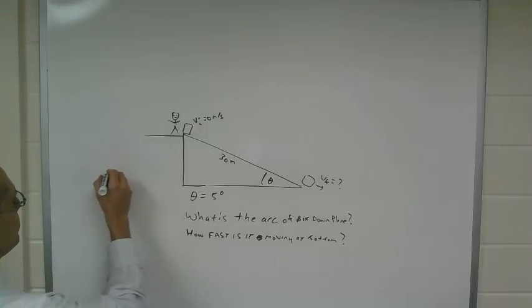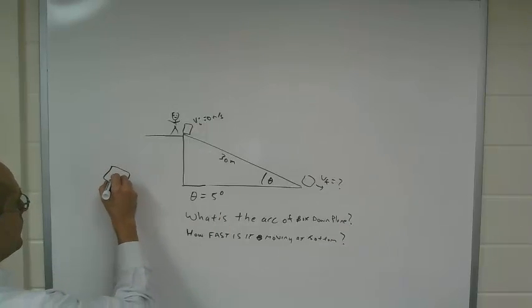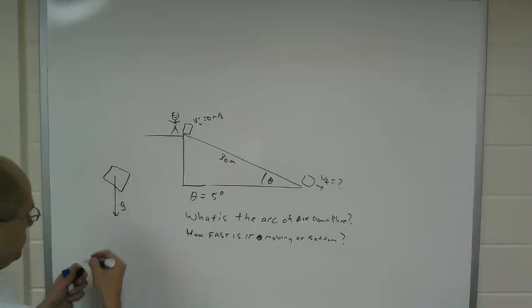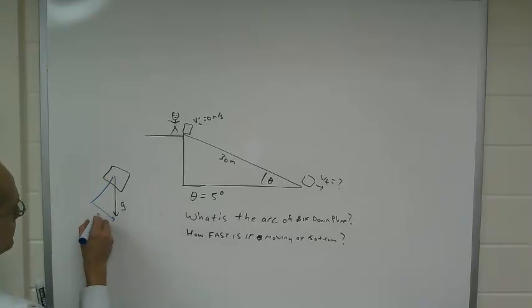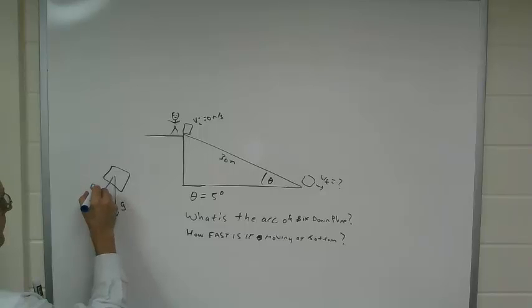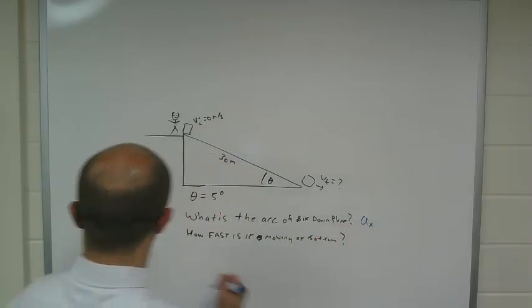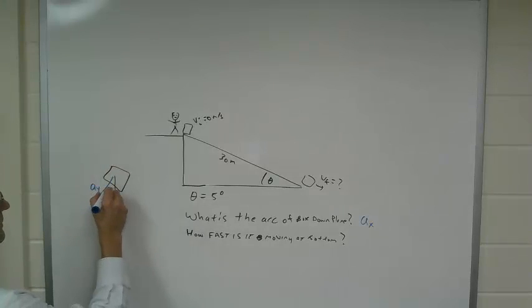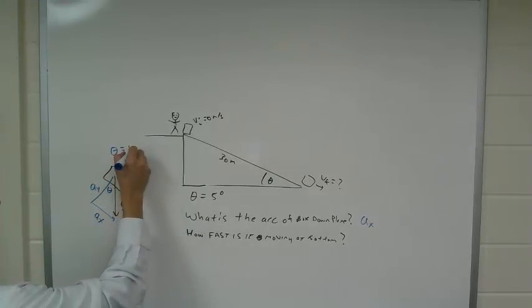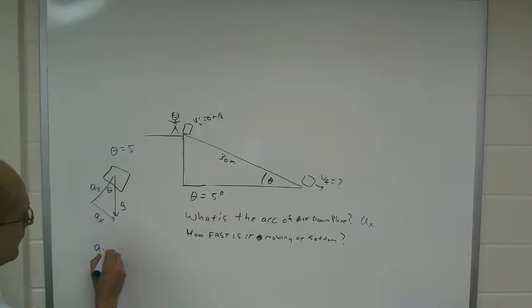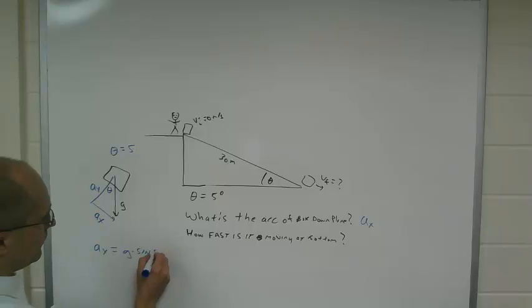In our rotated reference frame, gravity works straight down, and we have two components, the AX and the AY. And this question is asking for the AX. So the angle here is theta, and we said that theta equals 5. So AX is just g times the sine of 5.